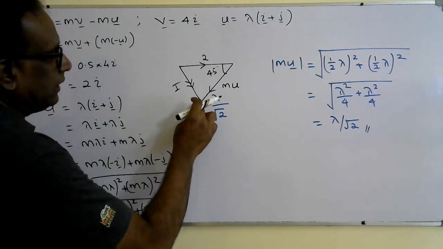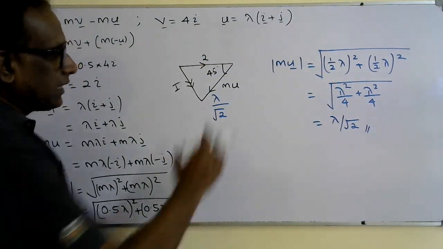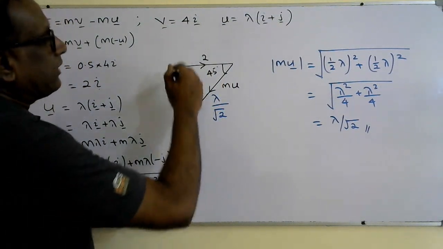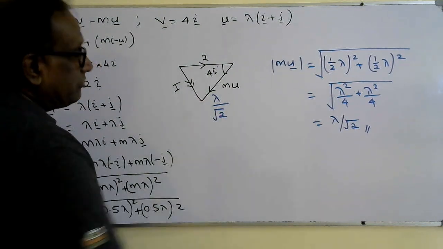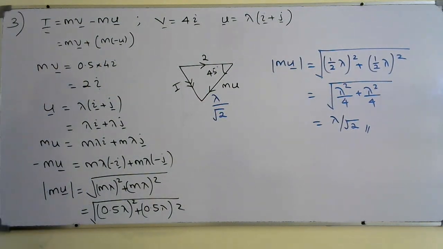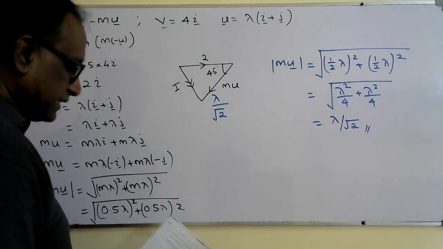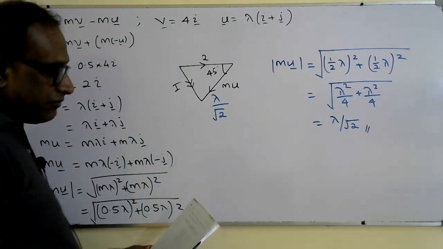I need to find this magnitude. We know this magnitude is lambda over root 2, and this magnitude is 2. Now I have to find the value of lambda. So how can I find it? The magnitude of I is given as square root of 5 over root 2.